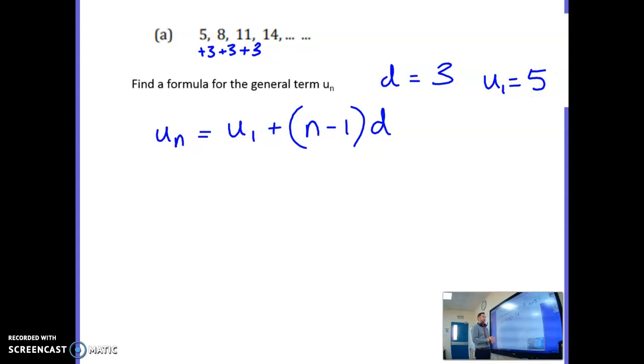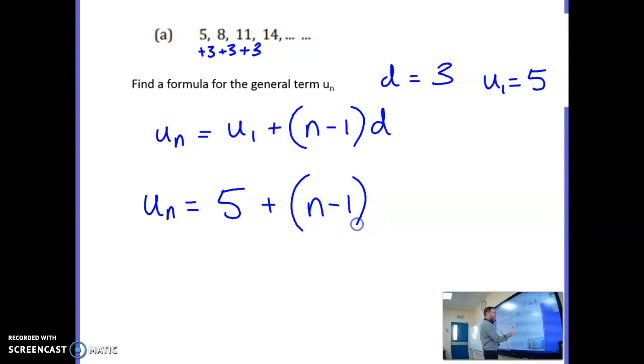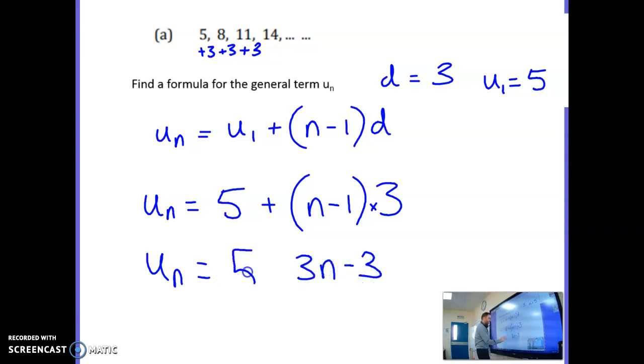Let's substitute that in. Un equals U1, which is 5, plus (n minus 1) times the difference, times 3. Let's tidy that up a bit. (n minus 1) times 3 is going to be 3n minus 3, so we're going to have 5 plus 3n minus 3.